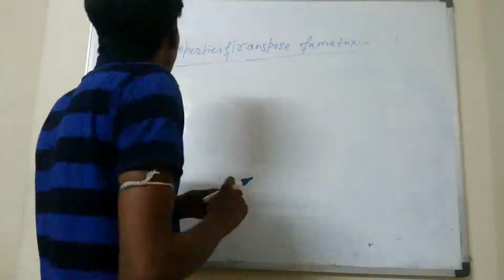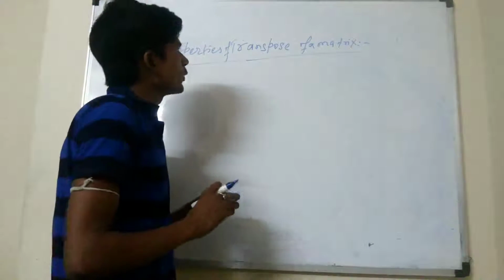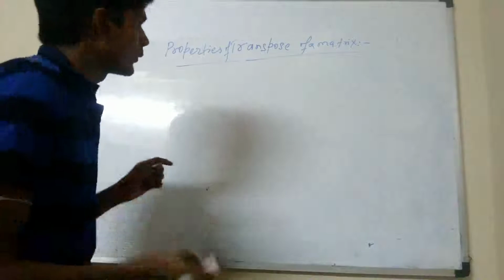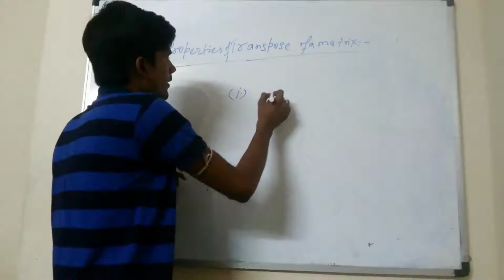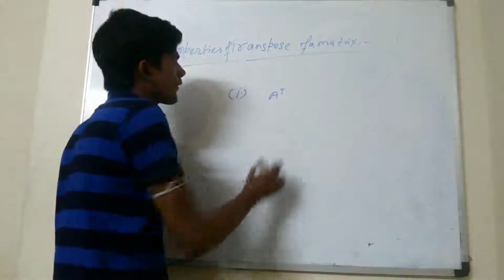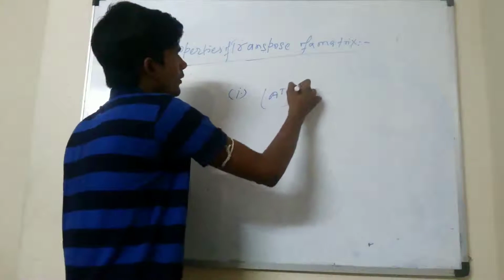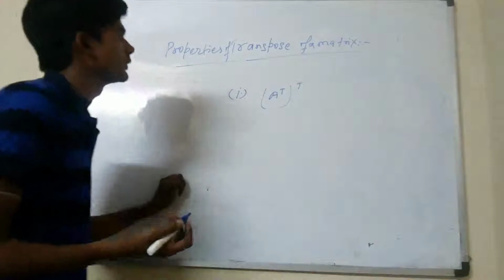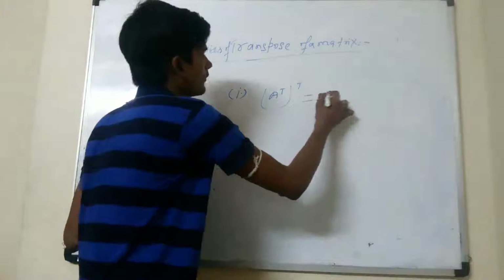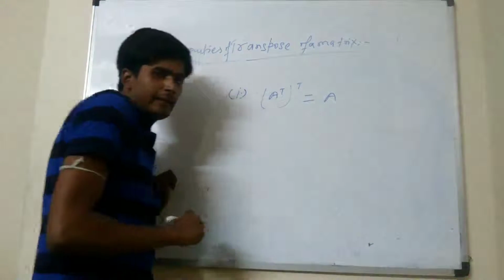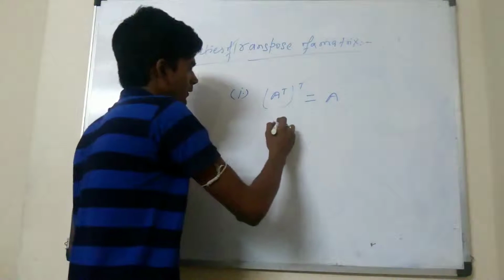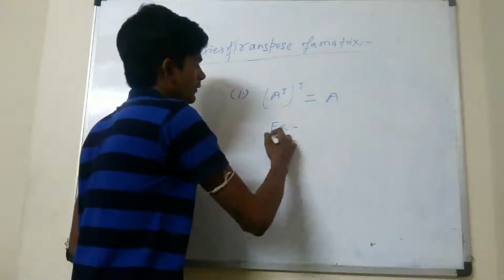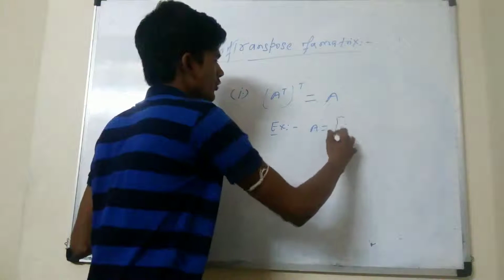Now, properties of the transpose of a matrix. The first property is that the transpose of the transpose of A always gives A. For example, A equals 2, 3, 4, 5.